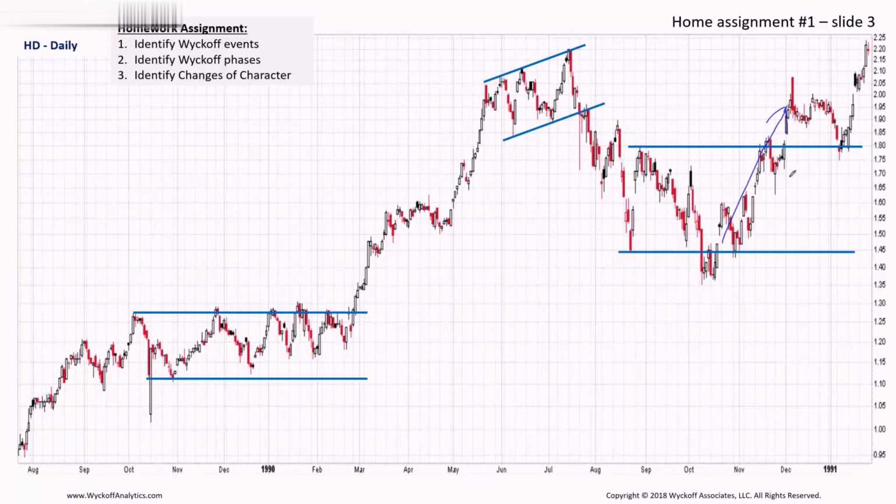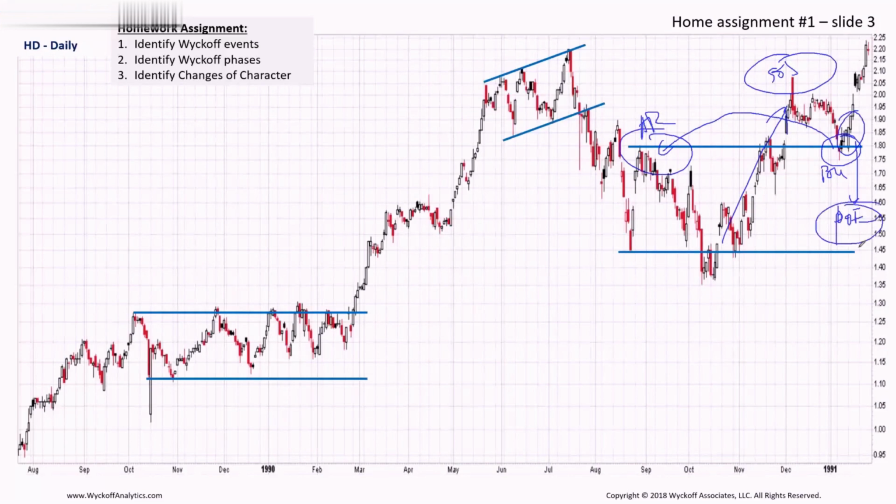Well, if you missed this move to the upside, and you are realizing that this could be a sign of strength, then what are you waiting for? You're waiting for the backing up action, which should come where? It should come to the area of the support that acted before as the resistance in phases A and B. So out of this touch and on the reversal, that's when you might be thinking, wow, if this shows me that this is a point of entry, we might have concluded already all of the phases here, and this is phase D. And therefore, I should go into this position.